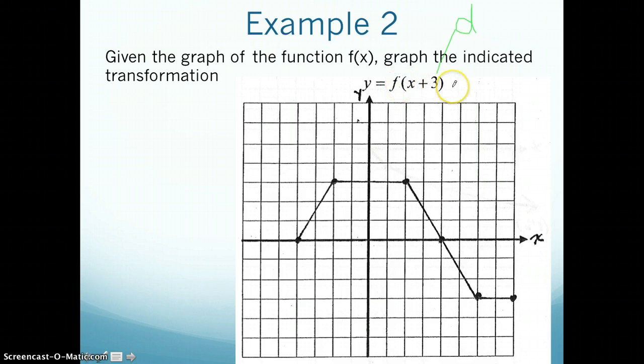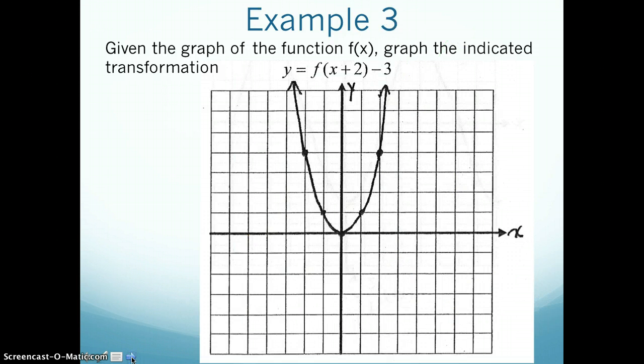Because it says plus, we're actually going to move minus. So your graph will look like this, the same as the original, except moved over by 3. All of the individual points have been moved over by 3 because that's what the transformation called us to do. All right, next one.